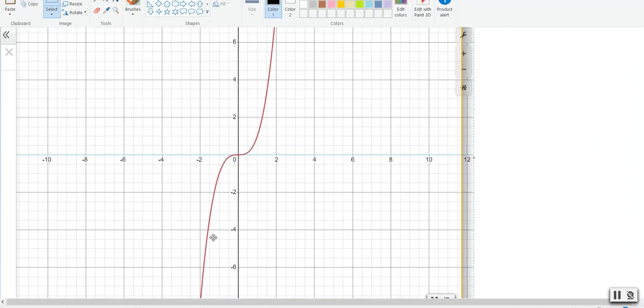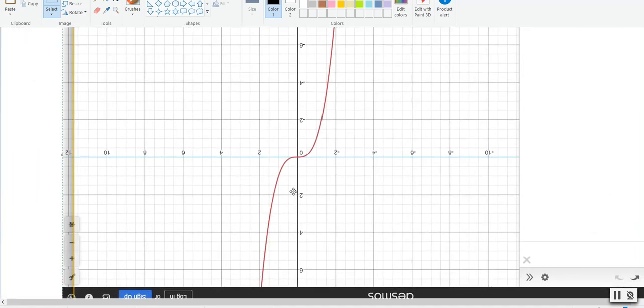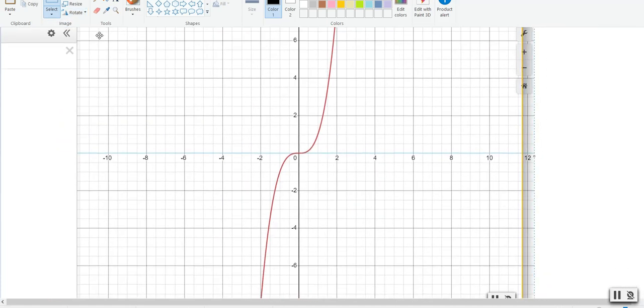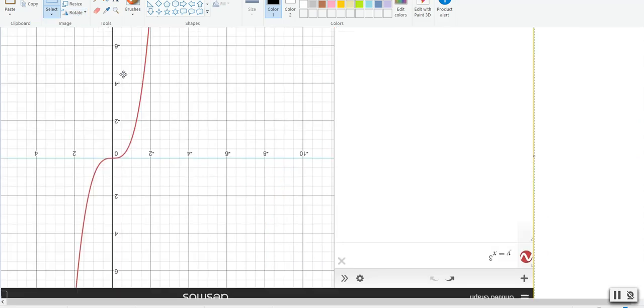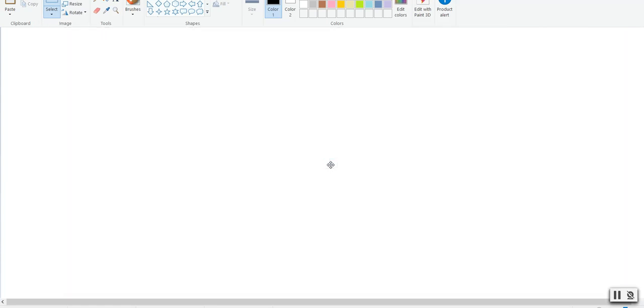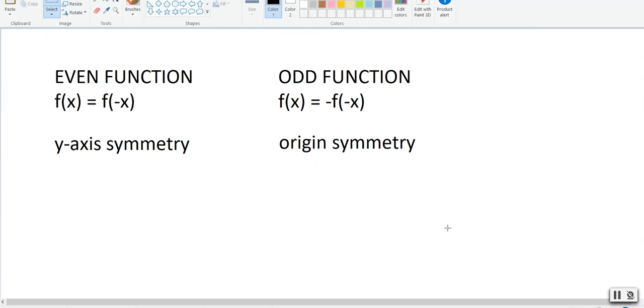Here's my original function. I'm going to rotate this 180 degrees, and look, it looks exactly the same as it did before. Again, rotate it 180 degrees. Here's the original. Rotate 180 degrees, looks the same. So that means I have symmetry about the origin. So an even function is going to have y-axis symmetry, and an odd function is going to have origin symmetry.